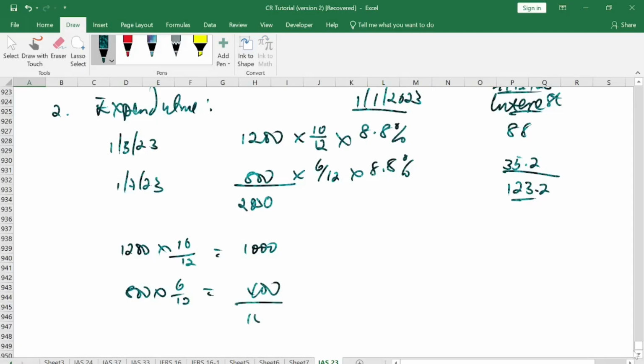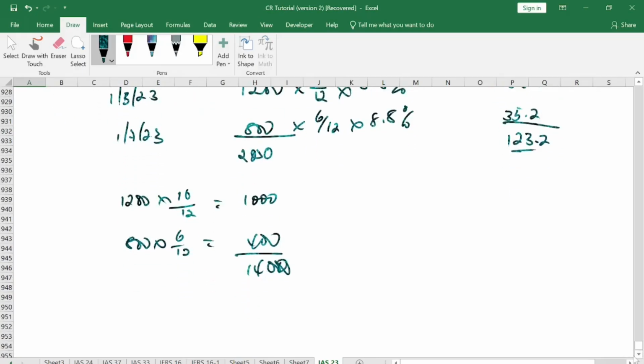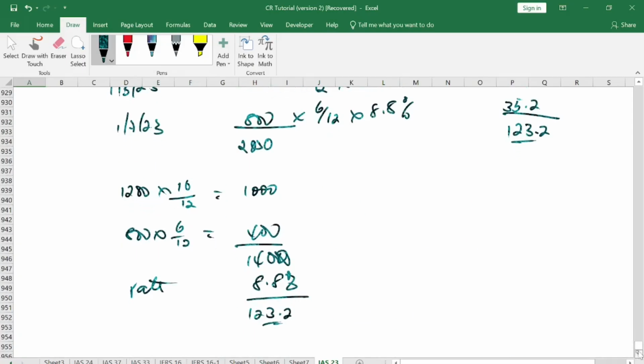When you add, it gives you 1,400. When you are done, you multiply by the rate, which is 8.8%. That gives you 123.2. Okay, same outcome.